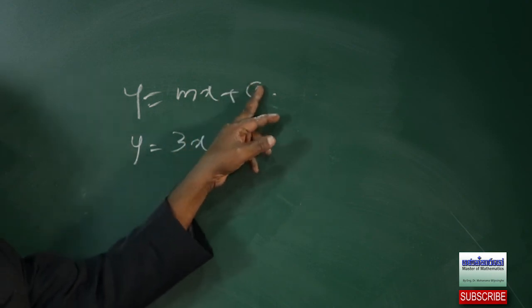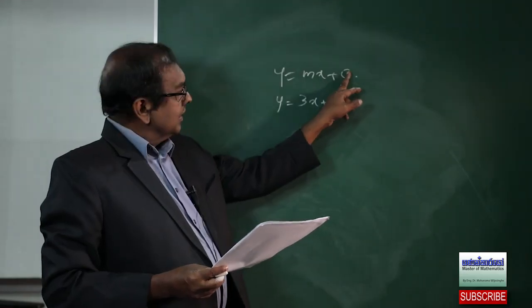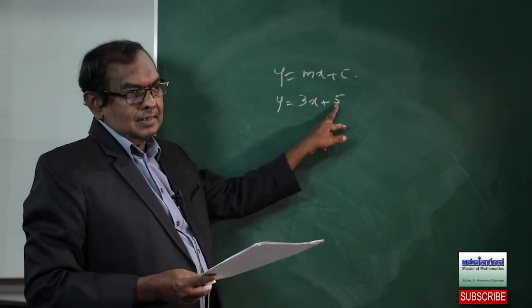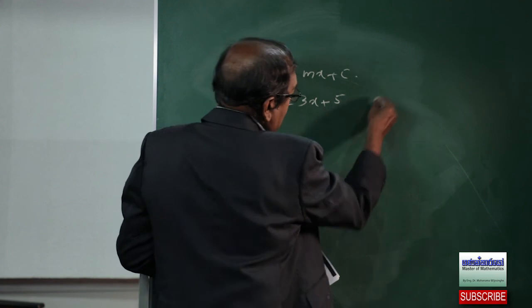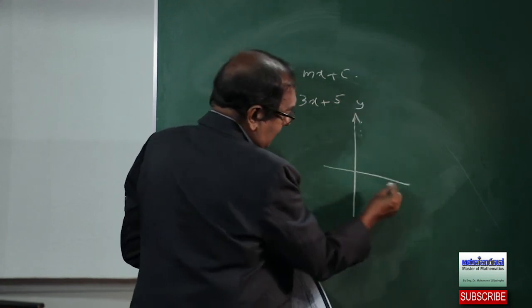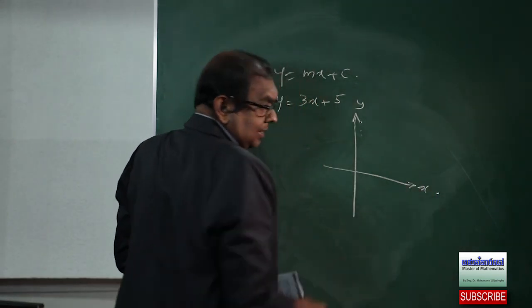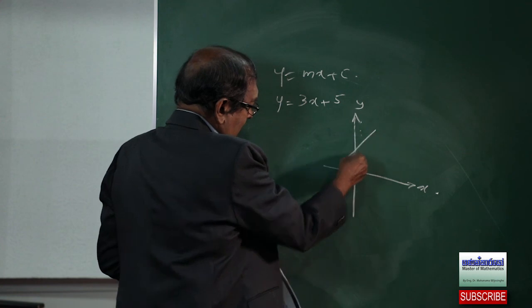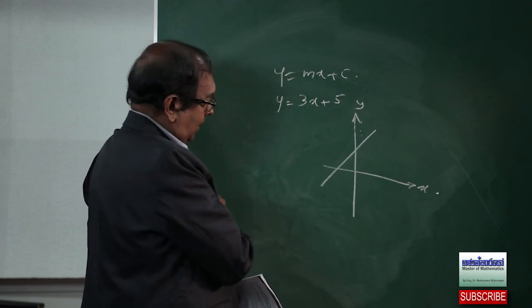that means C is the intercept. The intercept is 5. What is the meaning of that intercept? If we draw the y axis here and the x axis here, a line can be like this. It may be this one.